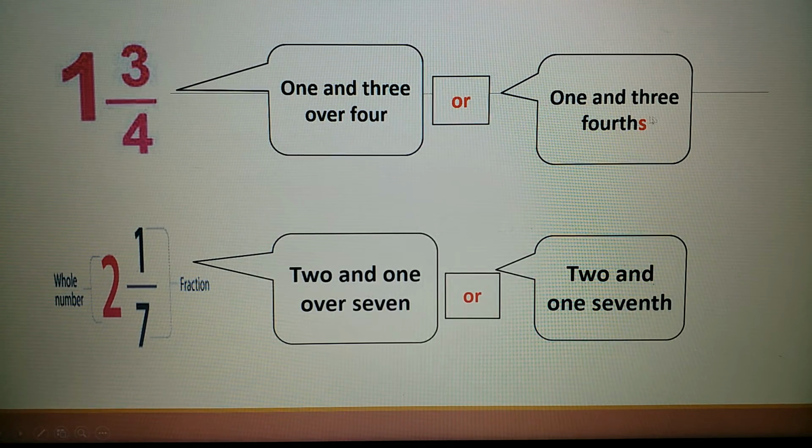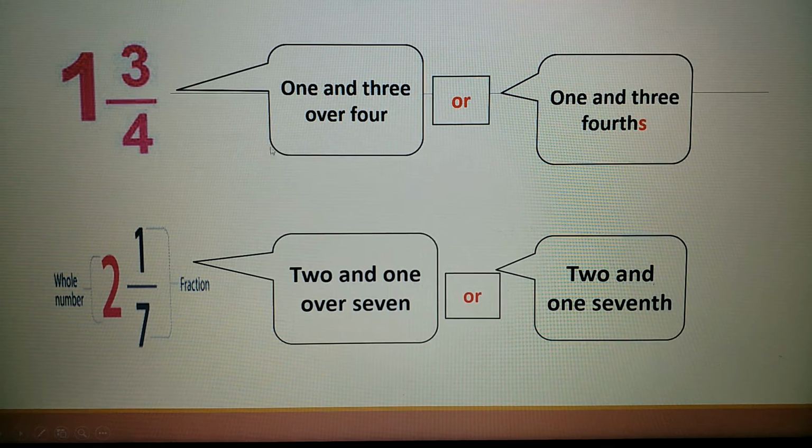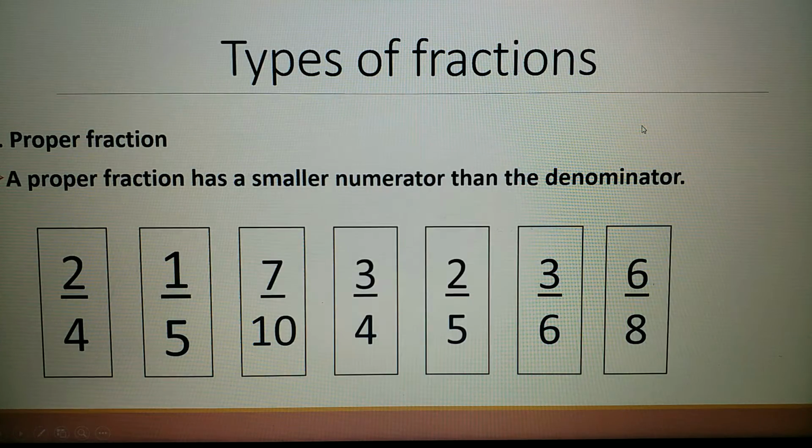Fourths have s because the numerator is 3. 2 and 1 over 7, or 2 and 1/7, doesn't have s because the numerator is just 1. Can you see the difference? Do not forget that one, because on your previous activity, some of you got it wrong. You did not add s.